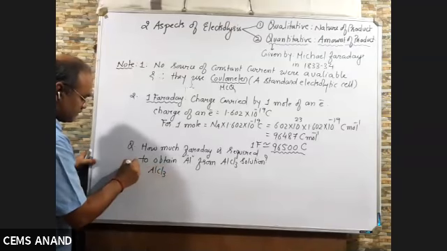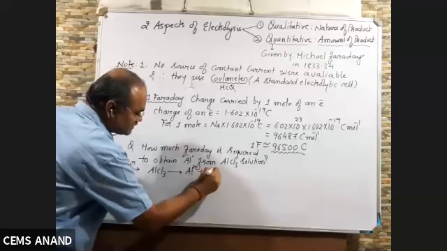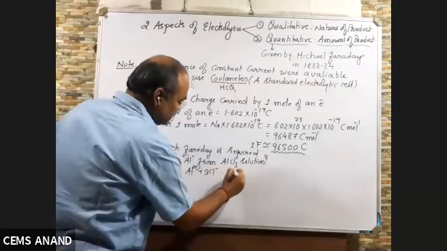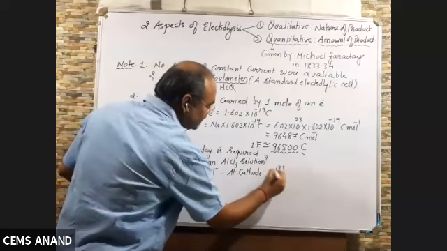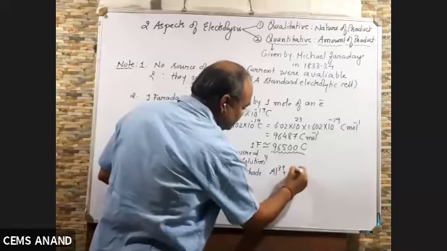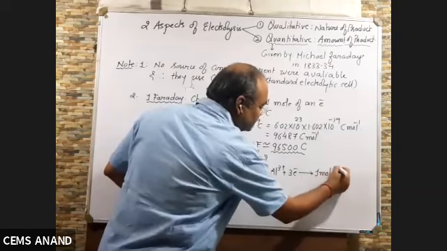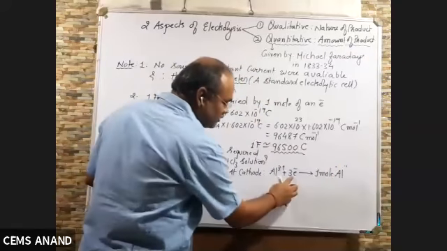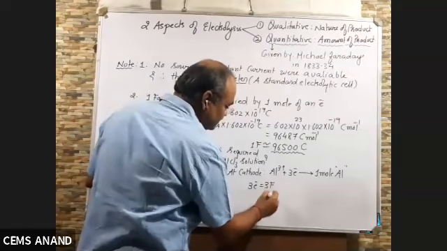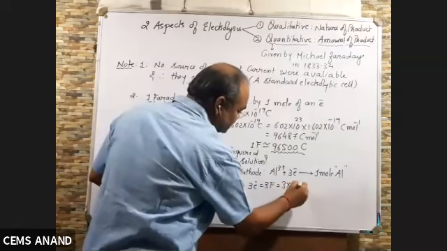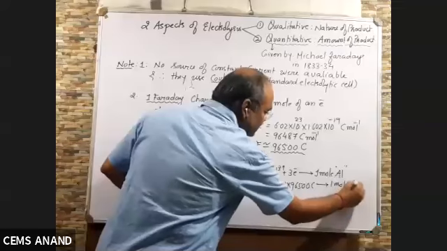AlCl3 will give you Al plus 3 plus 3Cl minus. Now at cathode, Al plus 3 takes 3 electrons and gives 1 mole Al, right? So 3 electrons are required for 1 mole aluminum. 3 electrons is equal to 3 Faraday. That is equal to 3 into 96500 coulomb required to get 1 mole Al.